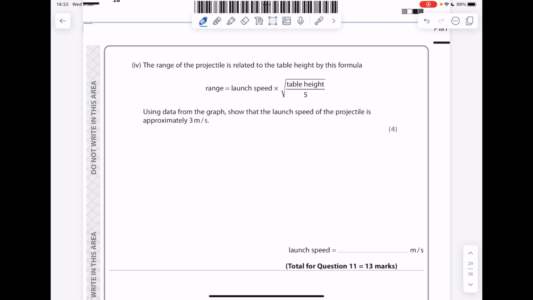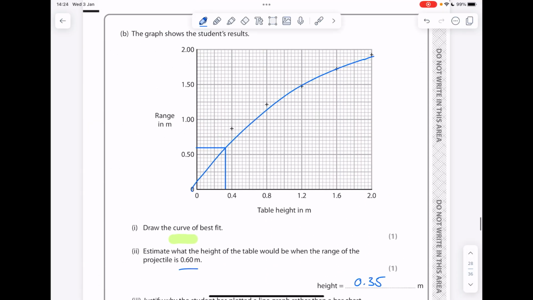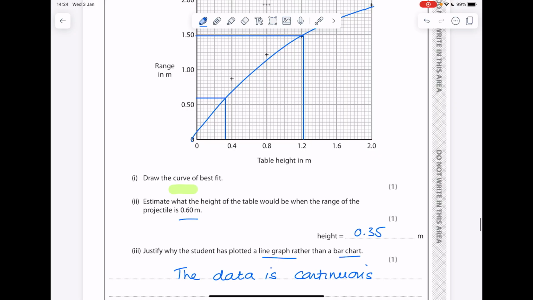The range of the projectile is related to the table height by this formula. Using data from the graph, show that the launch speed of the projectile is approximately 3 meters per second. So let's go in. Doesn't matter which point you pick. I'm going to go for this one just because it's easy for me to see. So I can see that the range is 1.5, the height is 1.2.